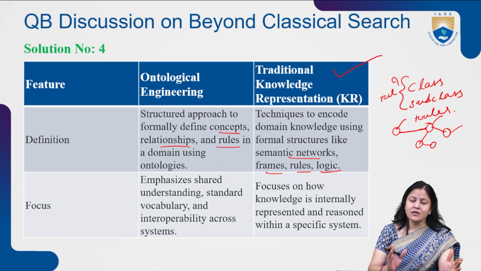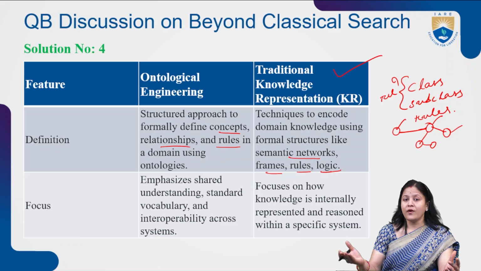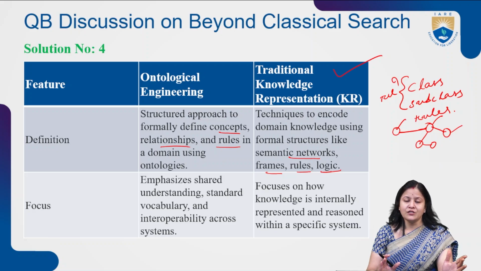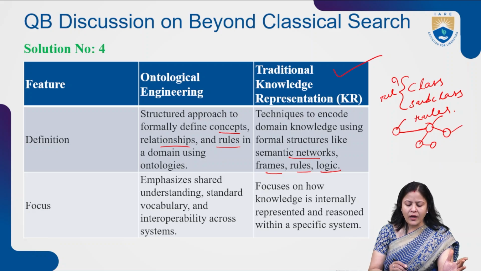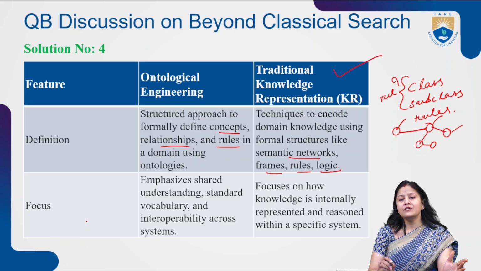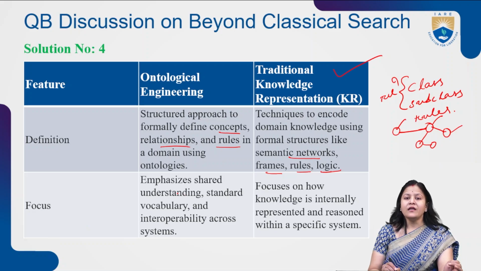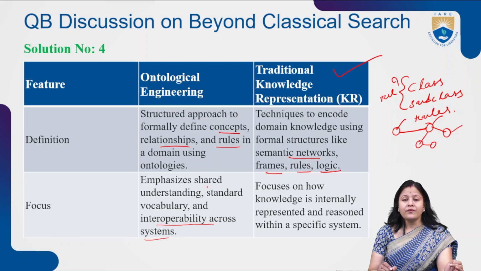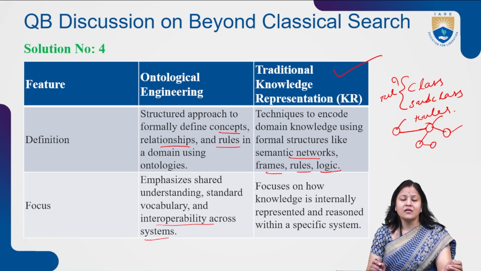Whereas if we represent the knowledge using classes, subclasses, and rules over the web, that is called ontological engineering representation. The main focus of ontological engineering representation is that it emphasizes shared understanding, standard vocabulary, and interoperability across systems. What is the meaning of this? It emphasizes shared understanding as we can represent it over the web.